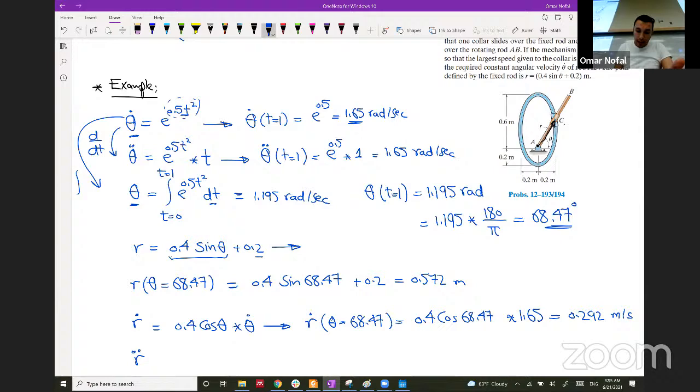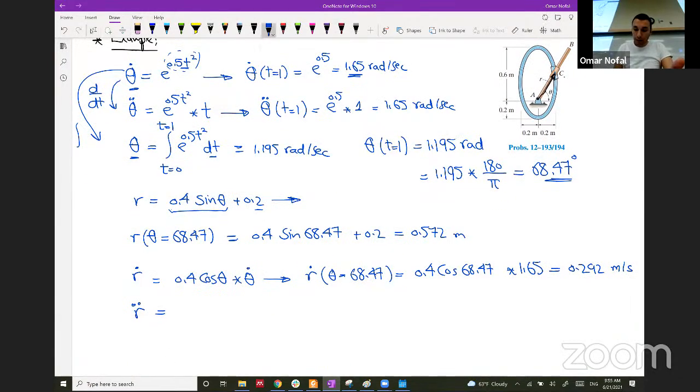And the second thing is the r double dot. So we need to differentiate this one more time. It will give you negative 0.4 sine theta multiplied by the derivative of this, which will give you theta dot. And we have another theta dot here, so it will be squared, plus the derivative of the second term multiplied by the first term, so it will be 0.4 cosine theta multiplied by theta double dot.